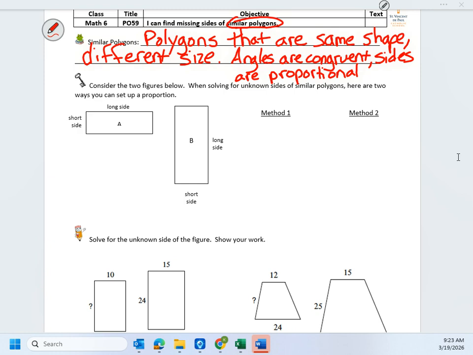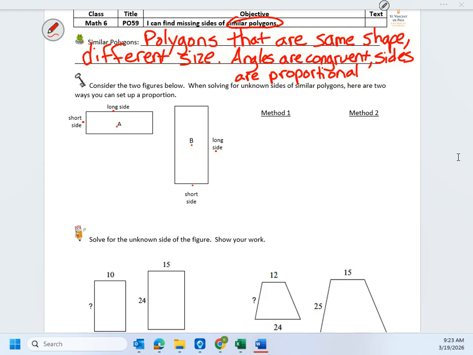So consider the two figures below. When solving for unknown sides of similar polygons, here are two ways you can set up your proportion so we can find our missing side. First, we label them. We have our A and our B. And then for the rectangles, we can see there are short sides and there are long sides.